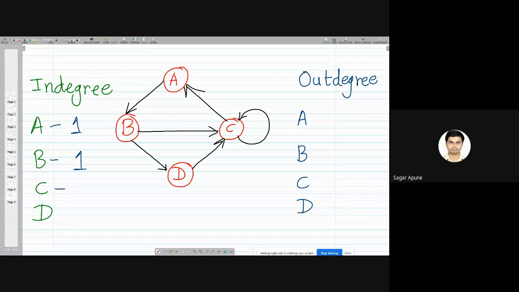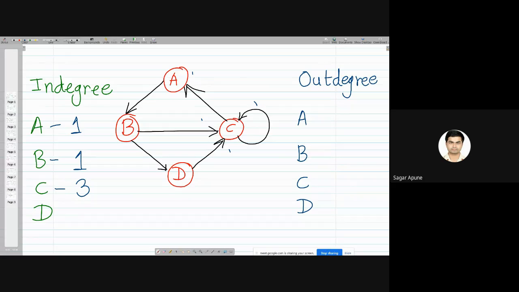C, what about C? Self loop is calculated as incoming and outgoing also. So here my C has how many incoming? 1 C to C, and 2 incoming, B to C, D to C. My C is 3 incoming.